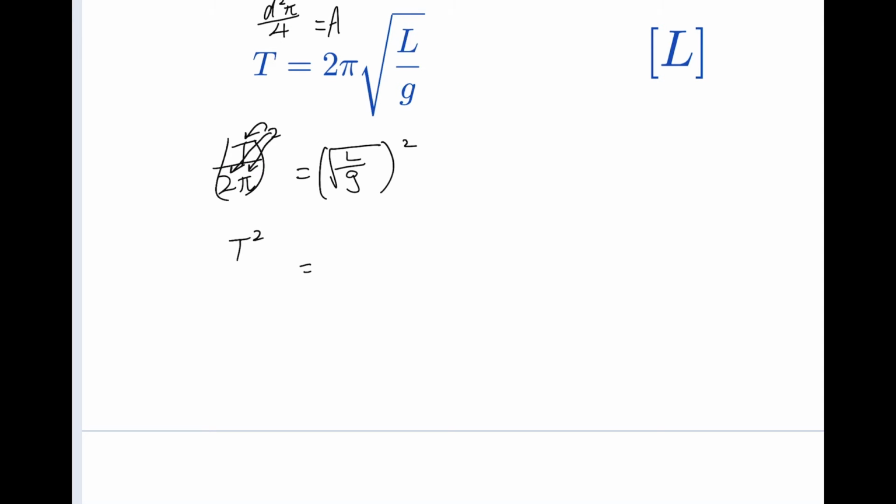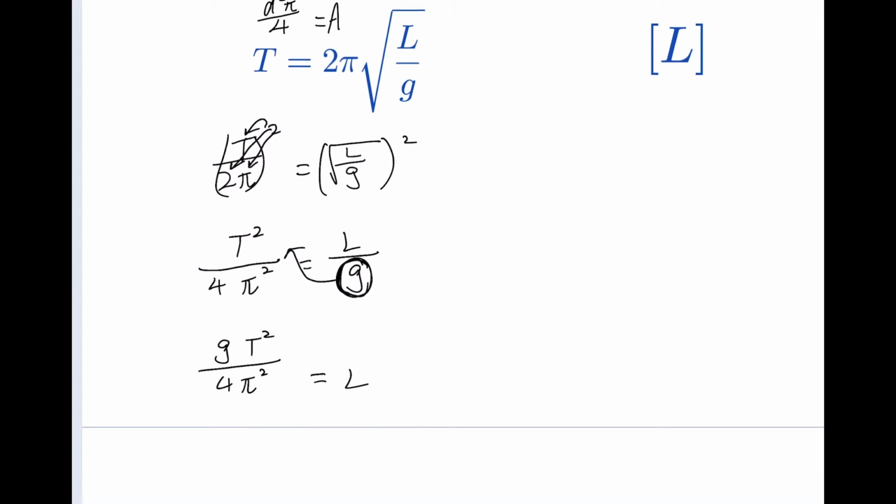You can do that way. 2 squared is 4. Then you are left with L over G. Then you also don't need a G, so you just multiply it here. This time it's on the denominator, like dividing, so if you go to the other side, it will go up. G t squared over 4 pi squared, 2 pi squared. Yeah.